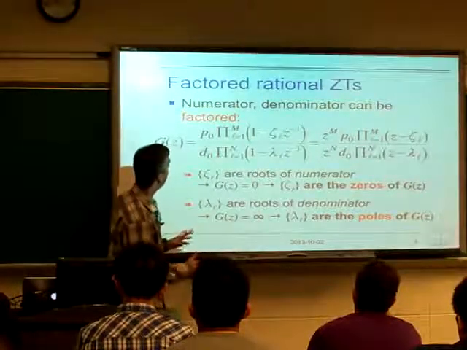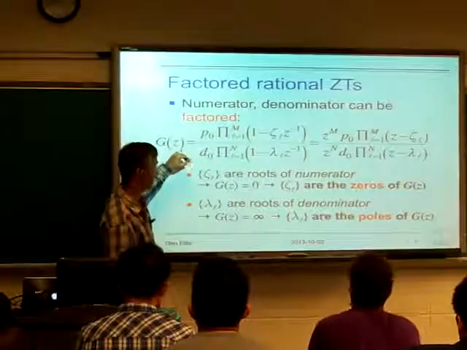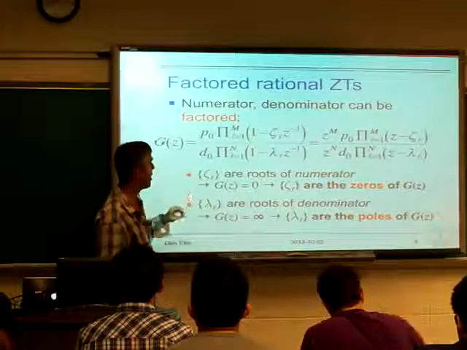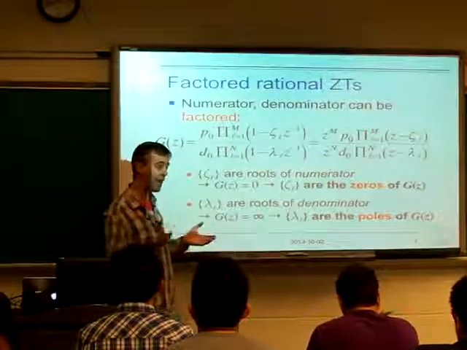If we have a G of Z written this way as the ratio of two polynomials in Z, we can factor it.